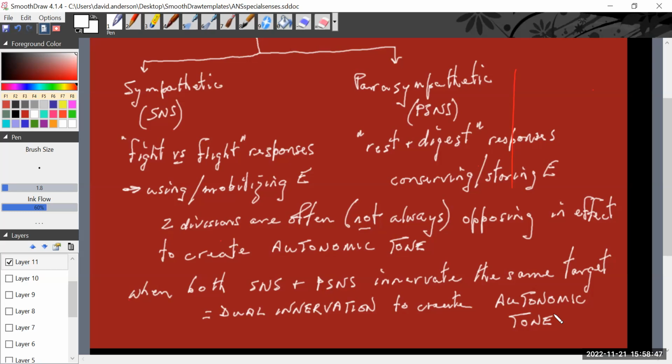The respiration rate is another example of that. Respiration rates are somewhere between 12 and 16 breaths per minute. And that's a result of dual innervation to the airways and the lungs, establishing autonomic tone. Our body temperature is plus or minus 37 degrees Celsius. Dual innervation, autonomic tone.